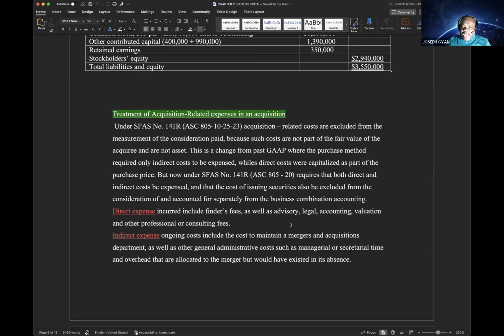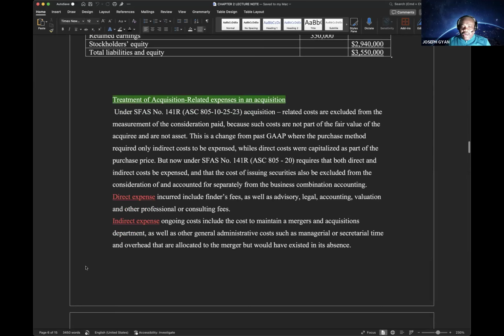Two, if you hire an advisor or the legal lawyer or accountant, all these are professional fees and known as direct costs. Before, you had to capitalize them as part of the purchase price. Now you have to expense them, but the money should come from either the retained earnings or the other contributed capital.